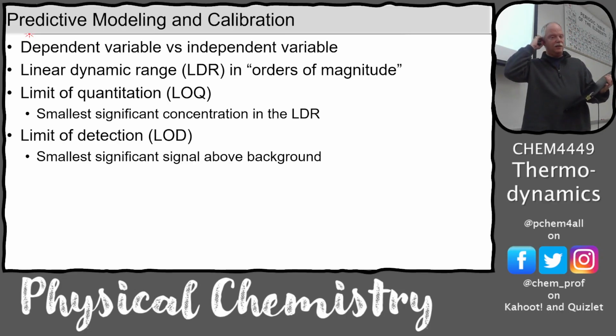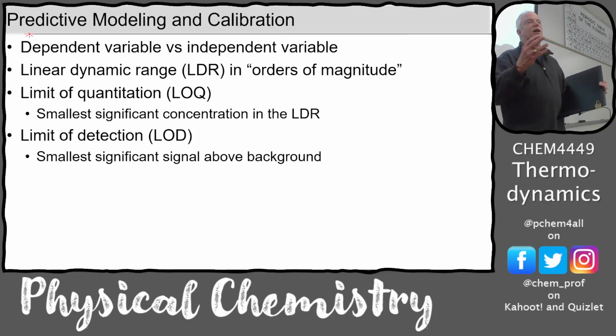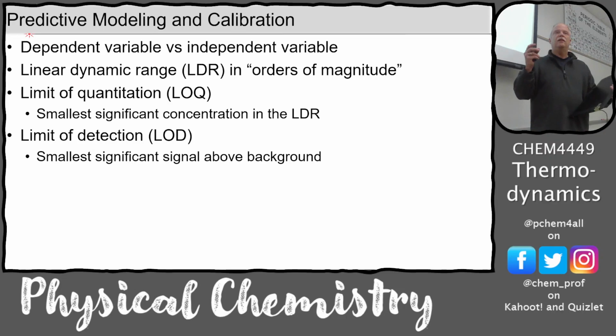Now that's the smallest signal above background. Notice the differences in these. The limit of detection is the smallest significant signal where you say, okay, we've detected something. Well, you can't reliably quantify it. Okay, you could tell me what concentration that may represent, but you're not certain about it. The LOQ is when you become certain.